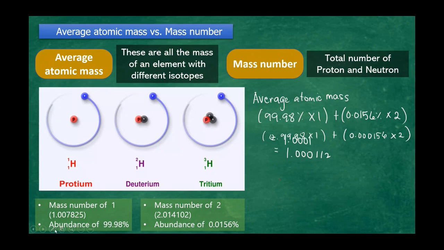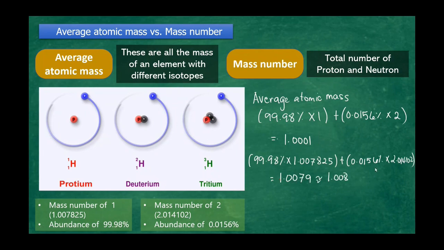So when we compute it, class, 99.98% times 1.007825 plus 0.0156% times 2.014102 will give an average atomic mass of 1.0079, and when you round it off to the nearest thousandths, you will get 1.008, which is what you can see in our periodic table, where the atomic weight is written.